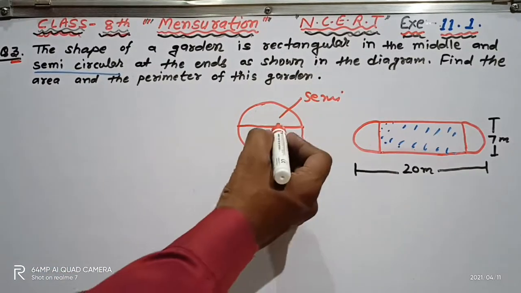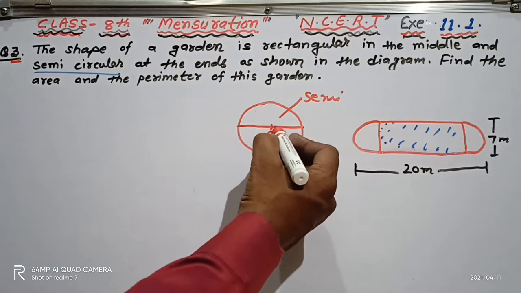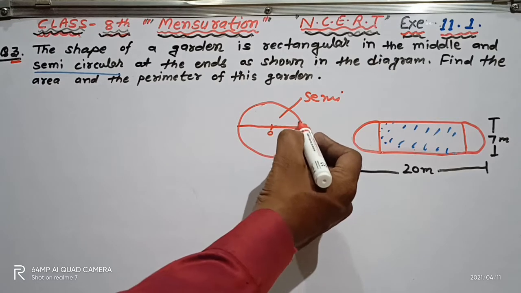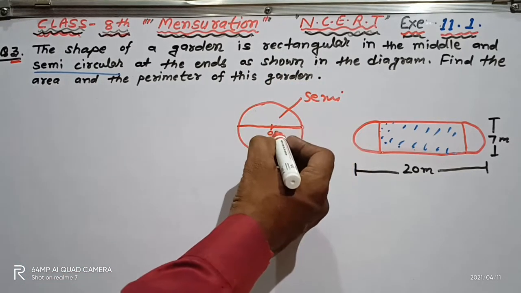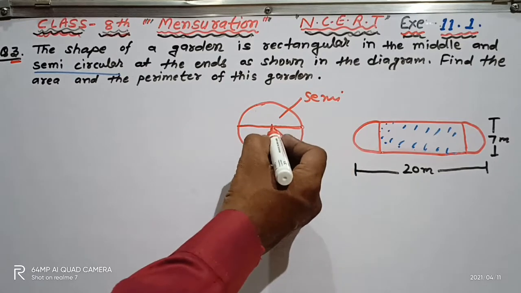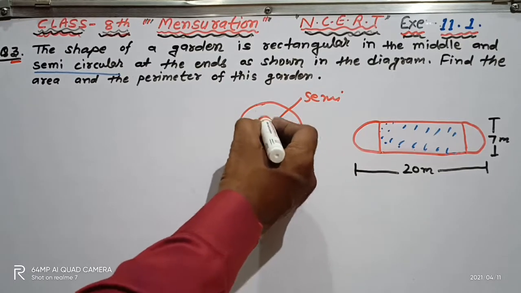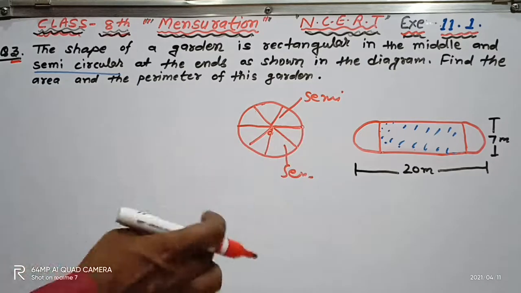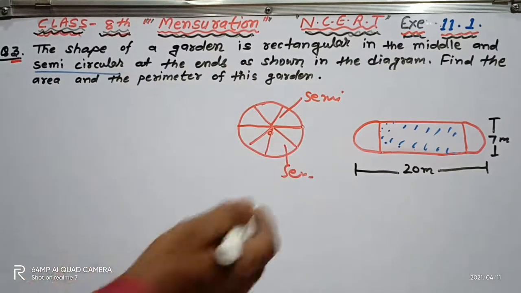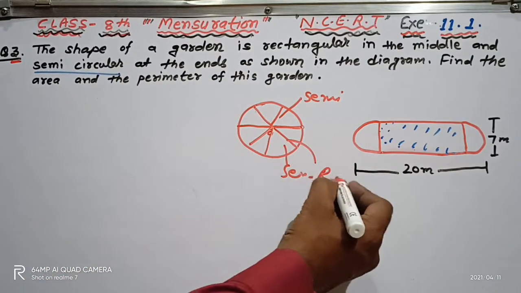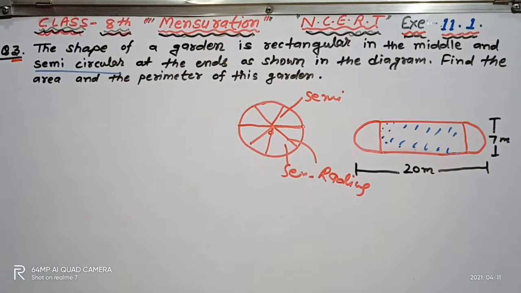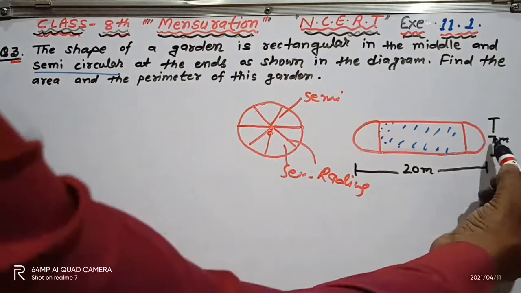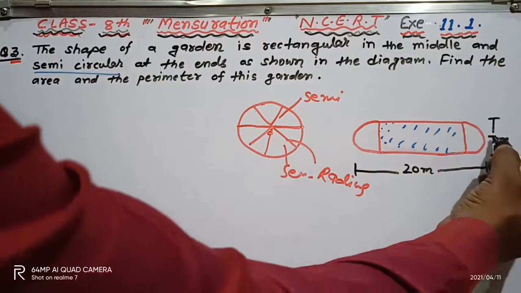Now you can see from this center, there is a line that lies on the part of the circle. That is equal distance from everywhere, and this is called the radius. In this figure you can also see the distance from here to here is given as 7 meter.